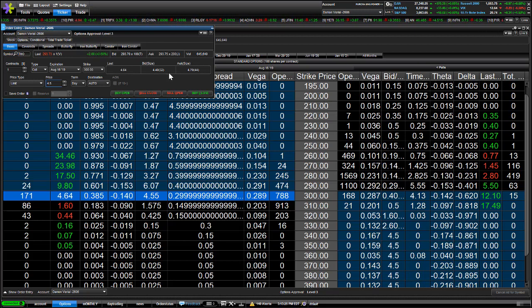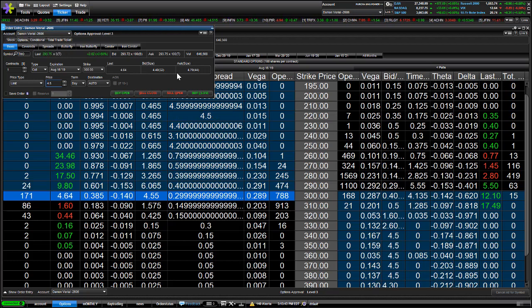You're going to keep doing that until you get the order filled. I find that I usually get it a little bit below the midpoint. But sometimes you get it at the midpoint, and sometimes you're going to get above the midpoint, dependent on liquidity. I've found that this is the best way to open trades.